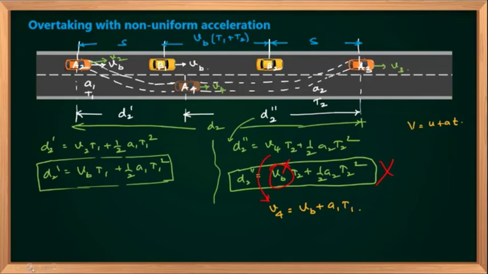So therefore, what is the value of d2? d2 is equal to d2 dash plus d2 double dash.